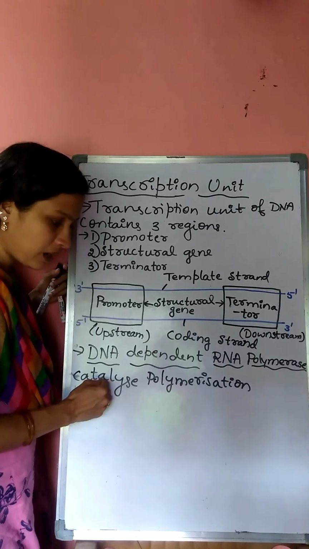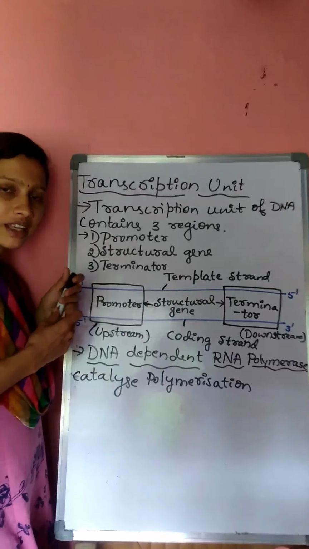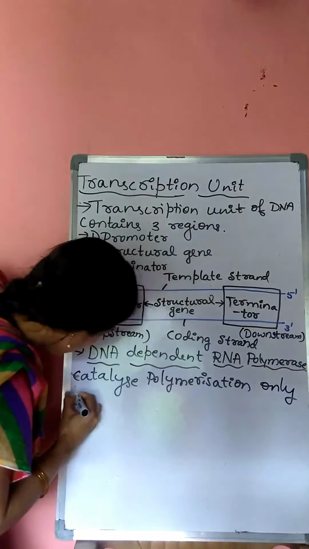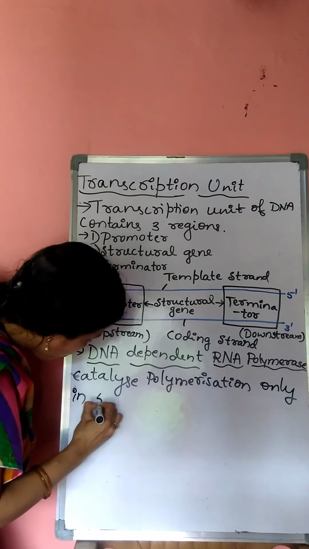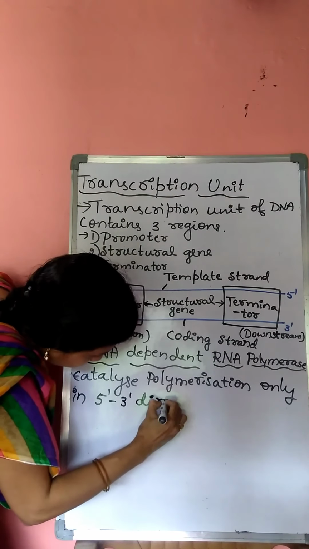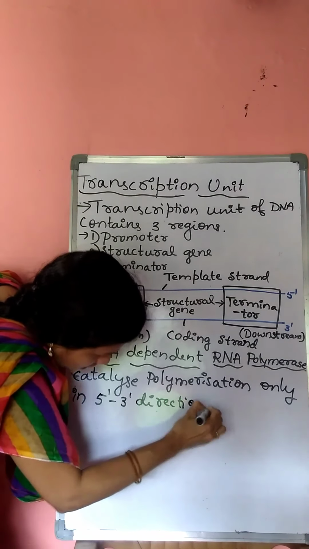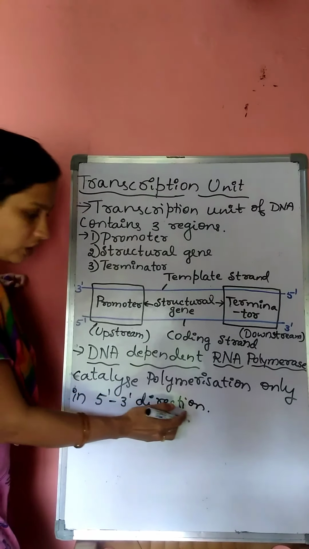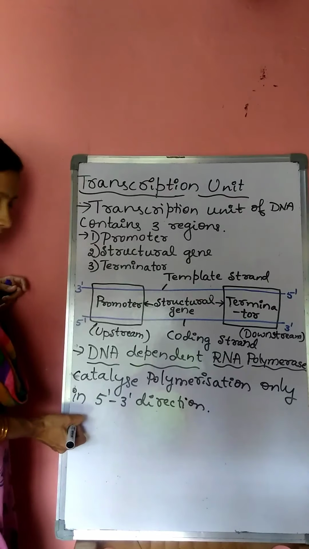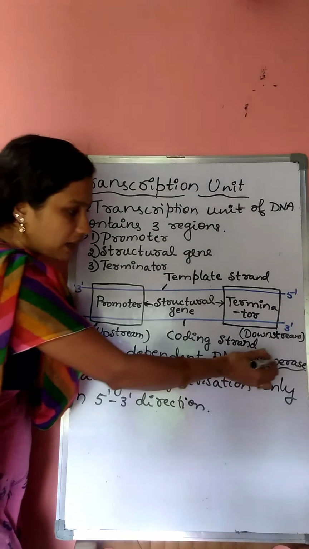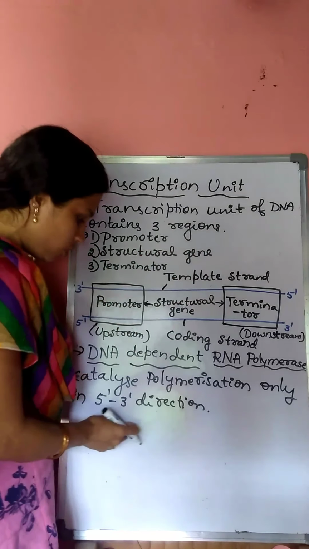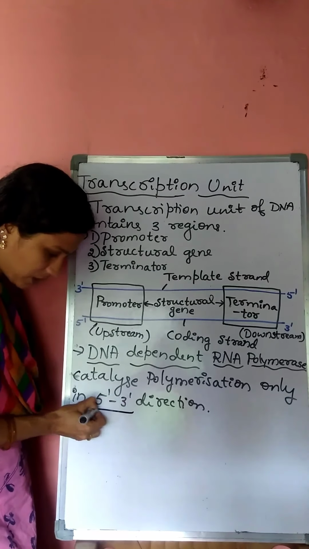And this enzyme catalyzes polymerization only in one direction, that is 5' to 3' direction. It adds the ribonucleotides only in this direction.